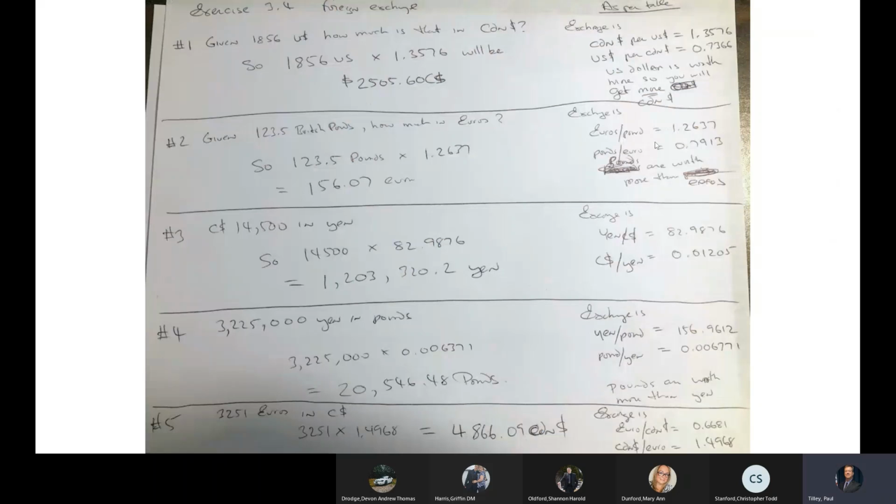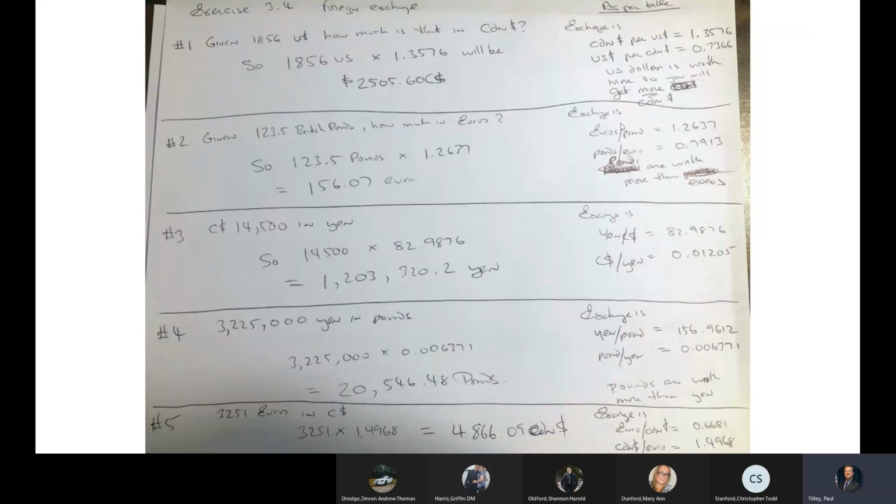Okay. What we have is we know our pounds. So really, if we know our pounds, pounds per euro is 0.79, or euros per pound is 1.36. We can take the pounds and multiply it.